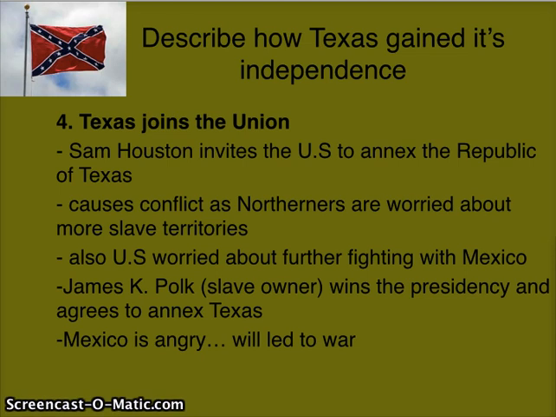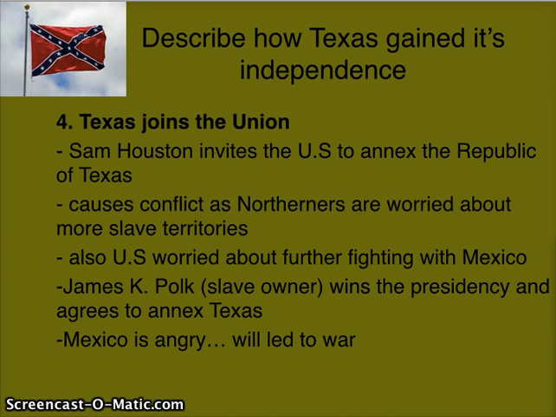So the Northerners are worried about more slave territories developing. The other thing is that the U.S. worries if they annex Texas, they're going to end up fighting Mexico, because Mexico is not happy that the Americans in Texas have taken back Texas.